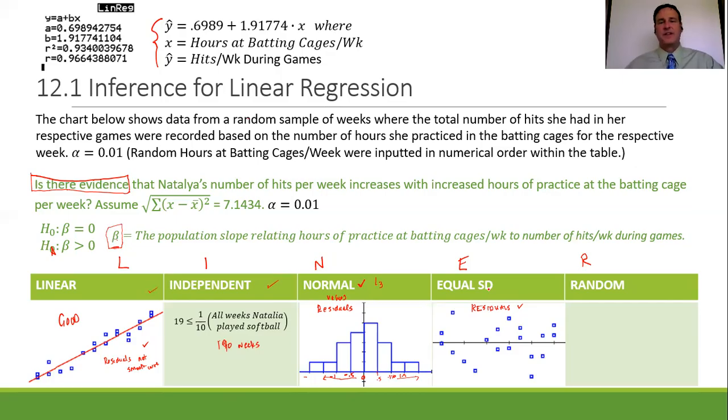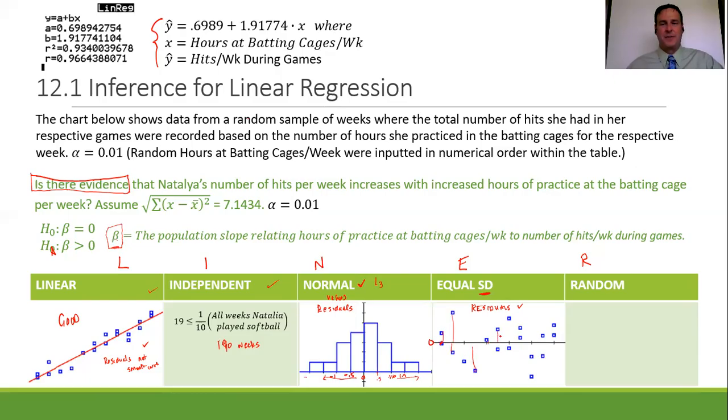Equal standard deviations. I abbreviated standard deviations because it did it in the book. If you look at it from beginning to end, and this is nothing more than your residual plot, you'll notice that some of them are super tight to 0, some of them are a little bit more extended, and some of them are super far away.